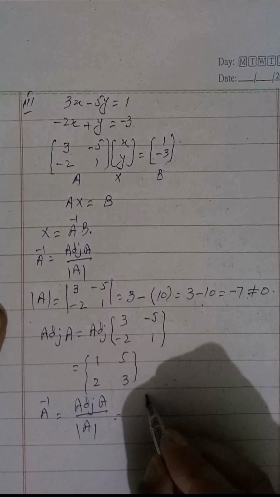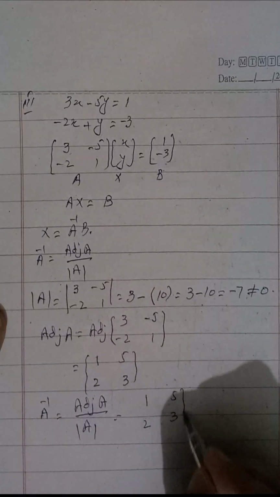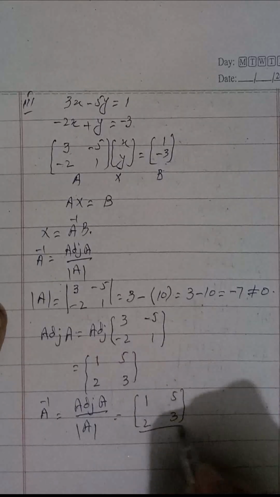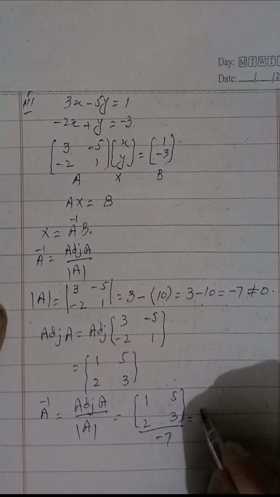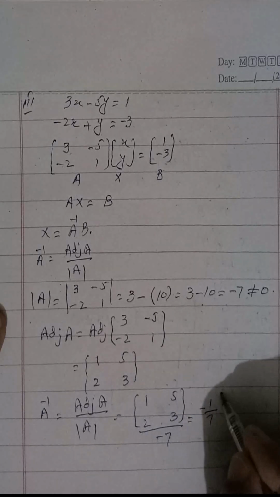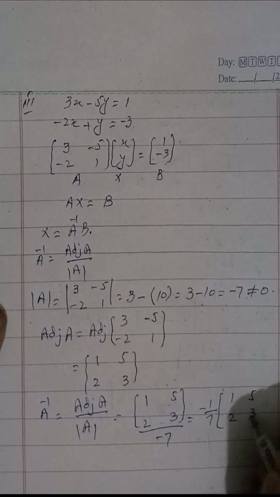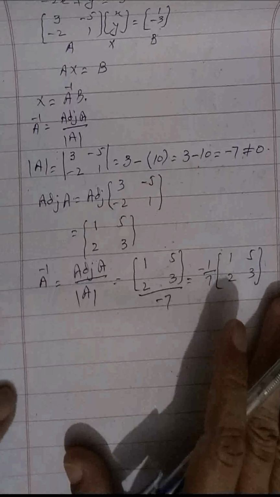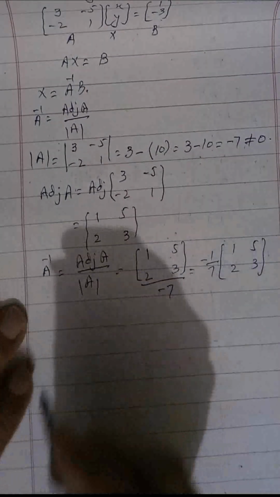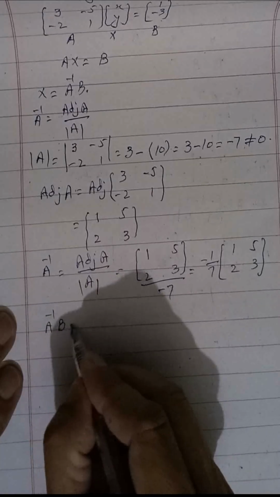The value of adjoint A is [[1, 5], [2, 3]] over the determinant -7, and we write it as -1 over 7 times [[1, 5], [2, 3]].